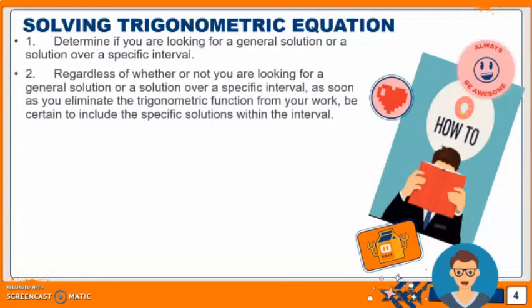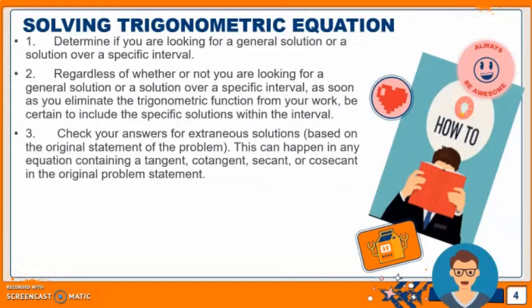Second, regardless of whether or not you are looking for a general solution or a solution over a specific interval, as soon as you eliminate the trigonometric function from your work, be certain to include the specific solutions within the interval. Here, it's not only the one that you will be getting is the final answer, but there would be certain or additional answers for your solutions.